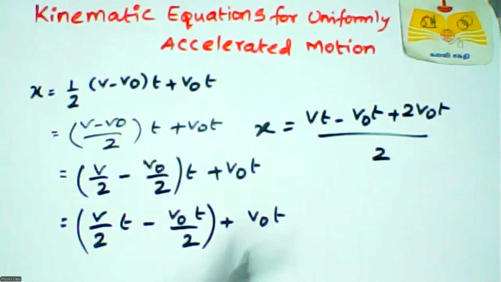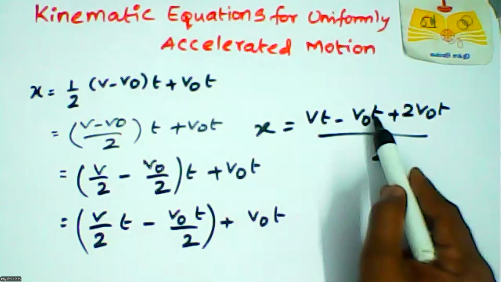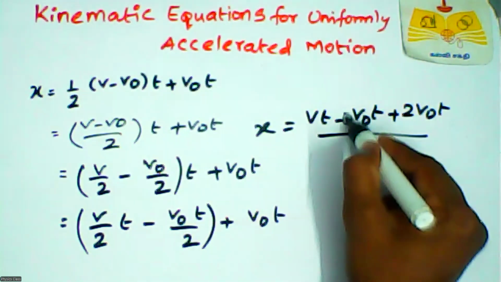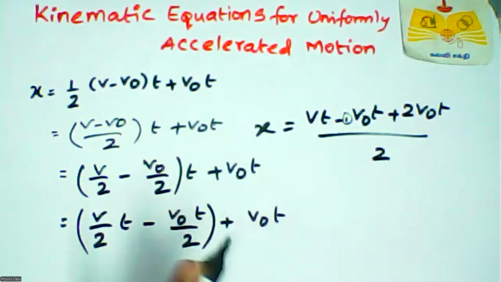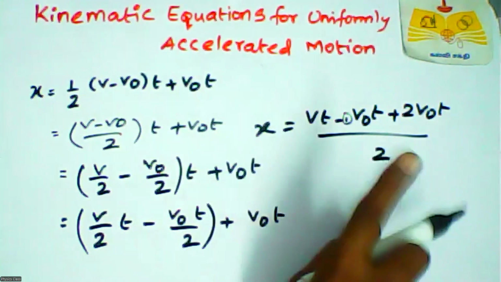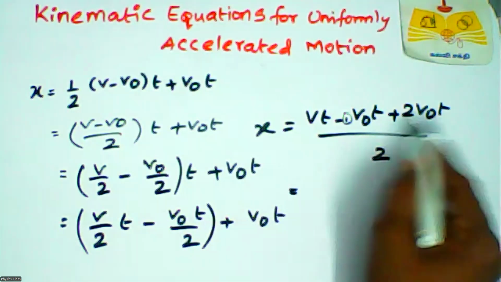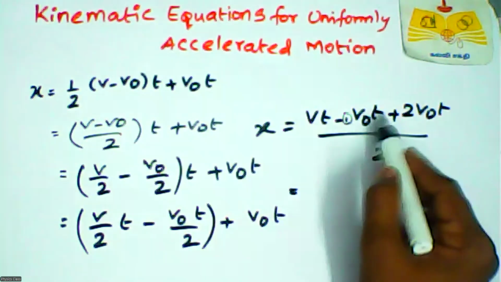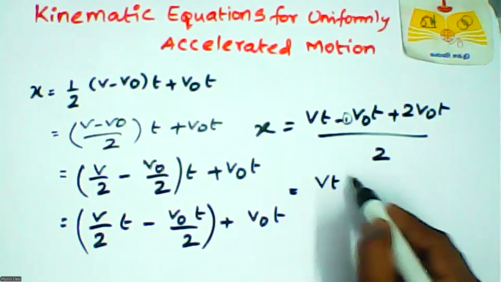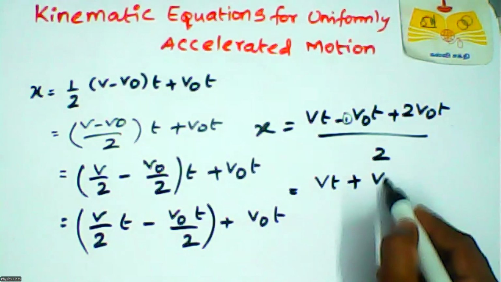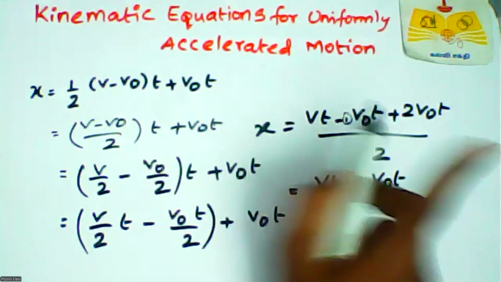Now you can look at these two terms, the same term v naught t. So here one is there. If nothing is placed here, that means one is there. 1 v naught t plus 2 v naught t. We can add: v naught t minus v naught t plus 2 v naught t. We will get plus v naught t, because minus 1 plus 2 gives plus 1.